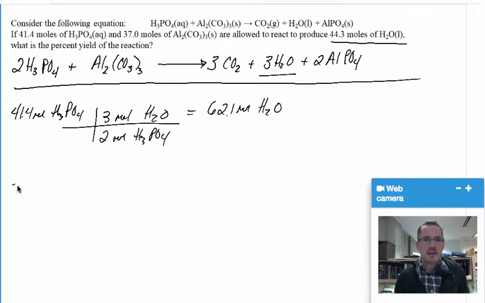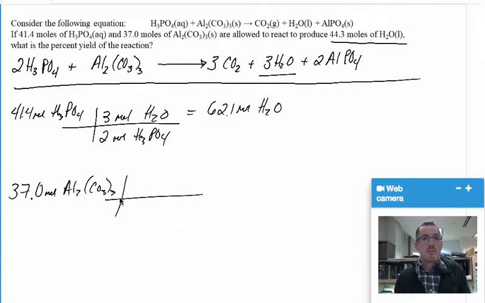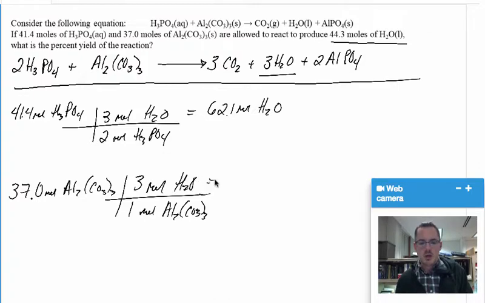I will now do the exact same thing for Al2(CO3)3. So 37.0 moles of Al2(CO3)3. From my balanced reaction equation, I only have 1 mole of Al2(CO3)3 that could be used to generate my 3 moles of my water, which will give me a value of 111 moles of water.